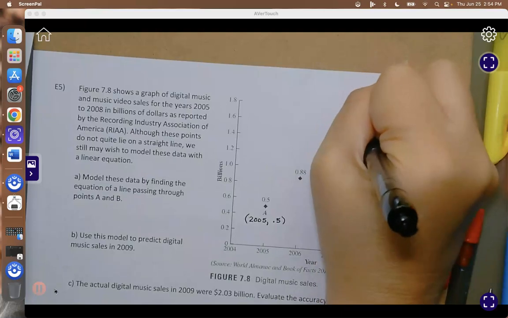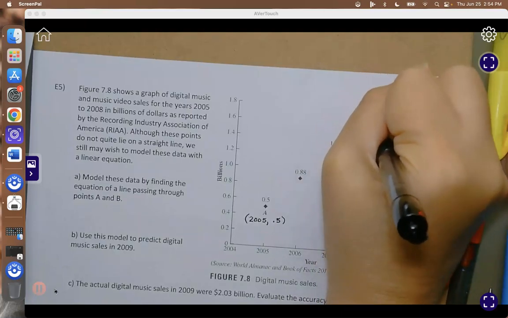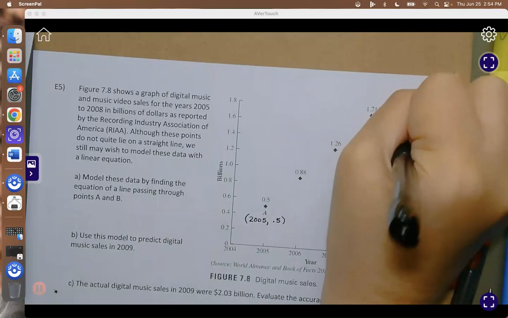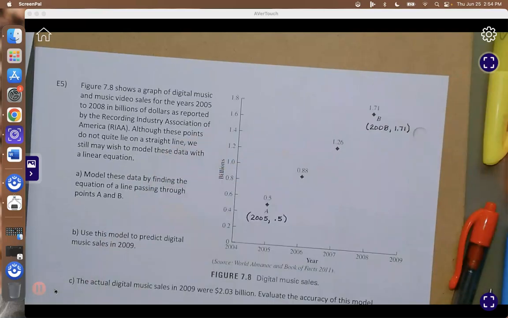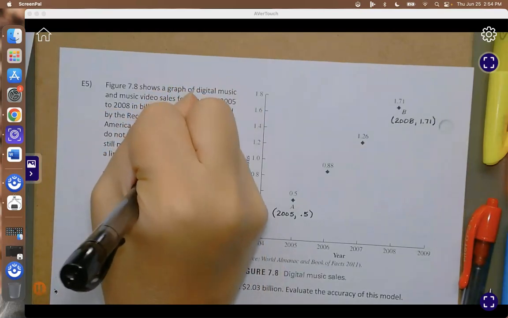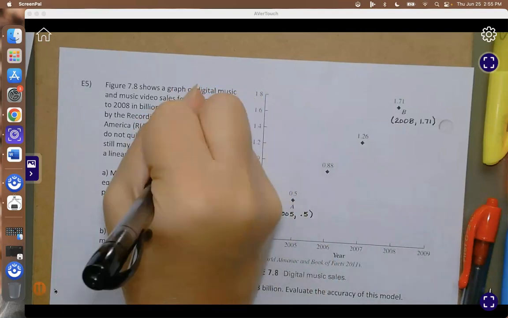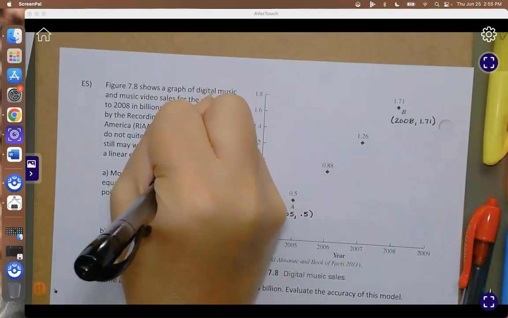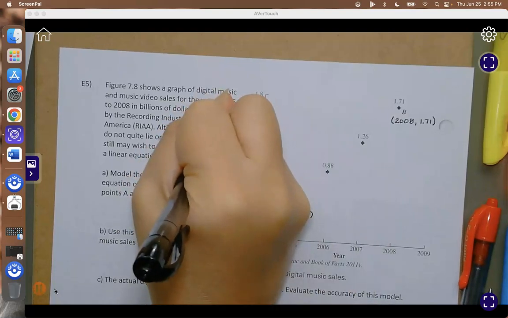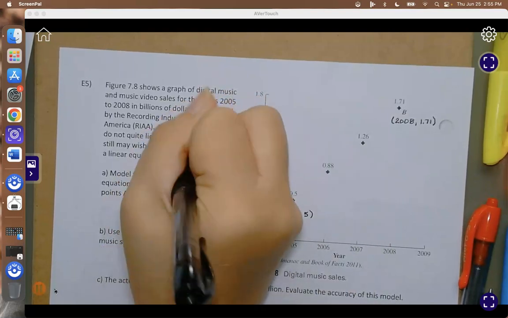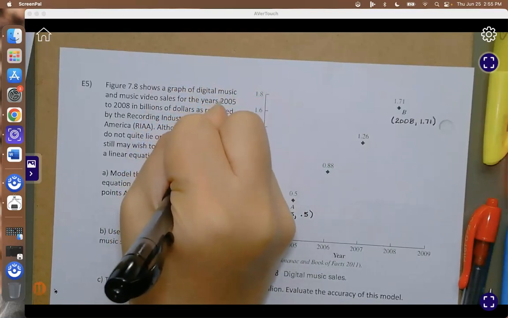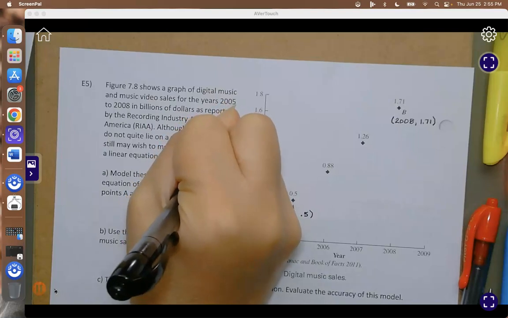B is located at 2008, comma, 1.71. So we're about to write the line. Okay, so the first thing we're going to do is find our slope. So we do 1.71 minus 0.5 over 2008 minus 2005.